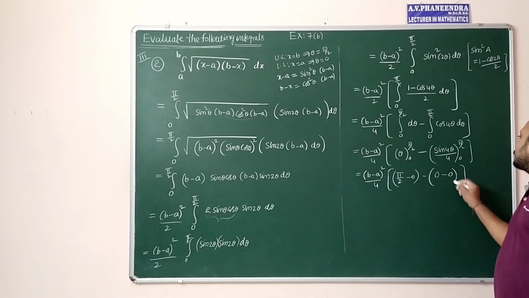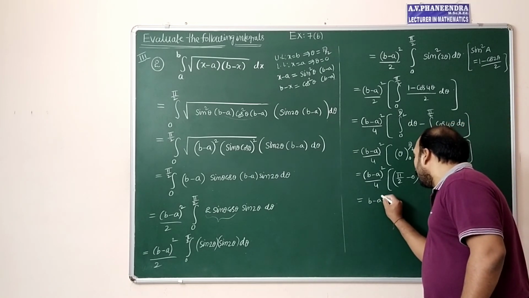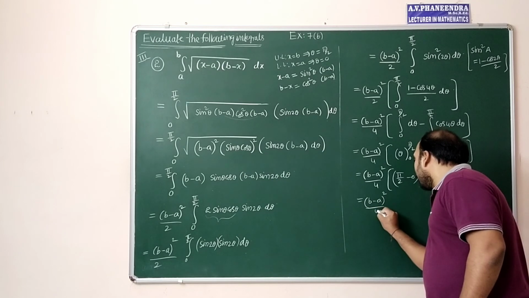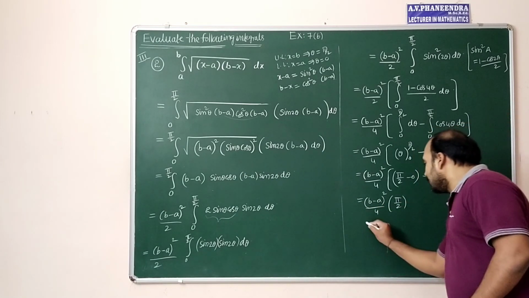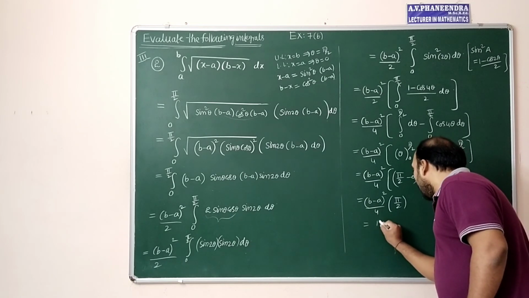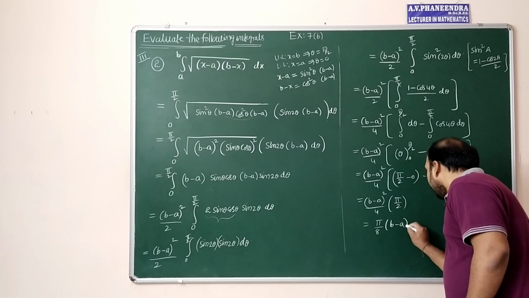So this last term goes to be 0, which is equal to b minus a whole square by 4 into pi by 2. So which is equal to pi by 4 into 2, which is 8, b minus a whole square.